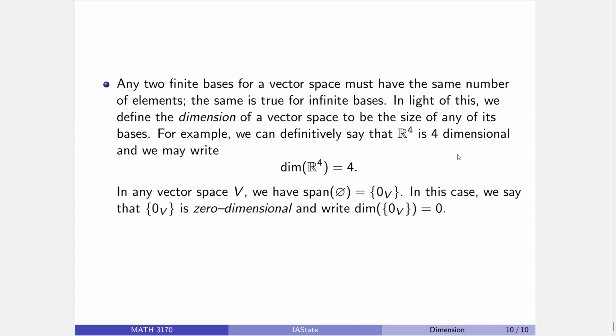And as a final point for today, let's note that we know the empty set is a linearly independent set, and its span is the trivial vector space consisting of just the additive identity. So we can definitively say that this is a zero-dimensional vector space and has a basis consisting of no elements. Ooh. And this is nice to have, and again, we want these sort of extremal cases taken care of.